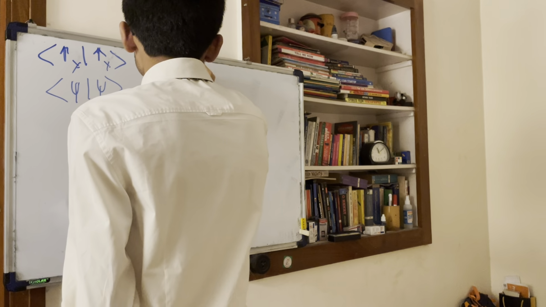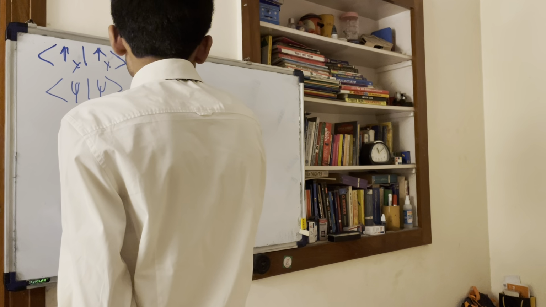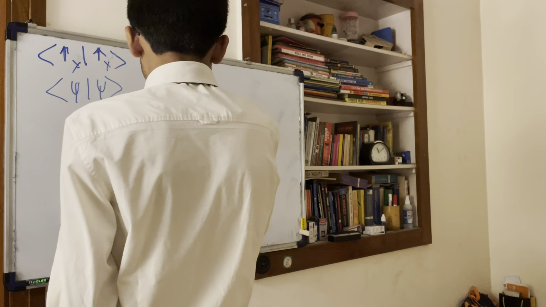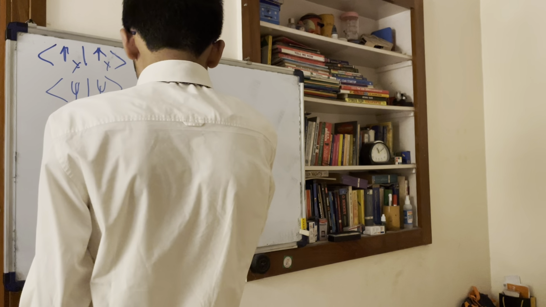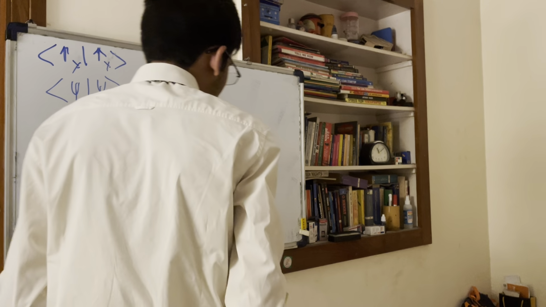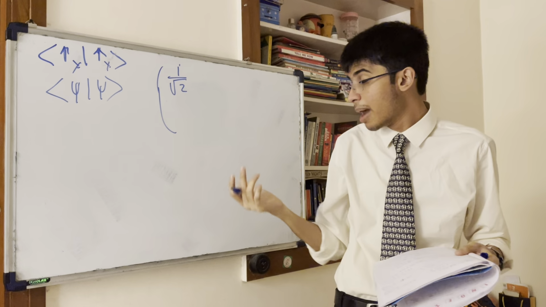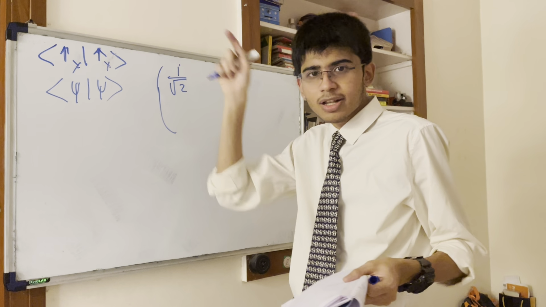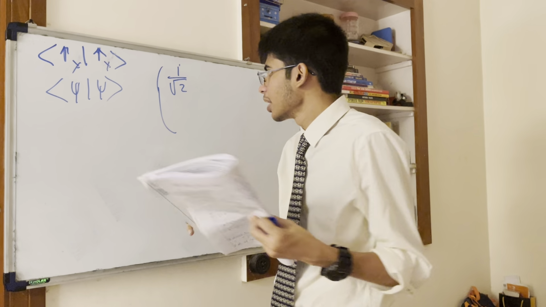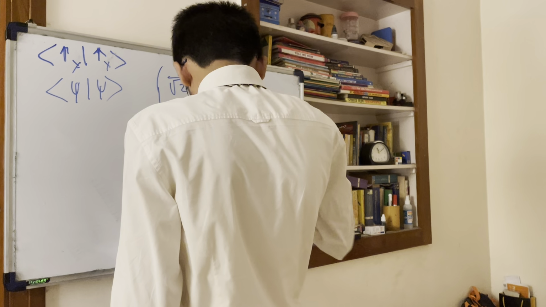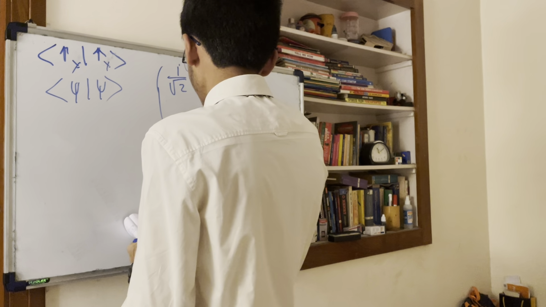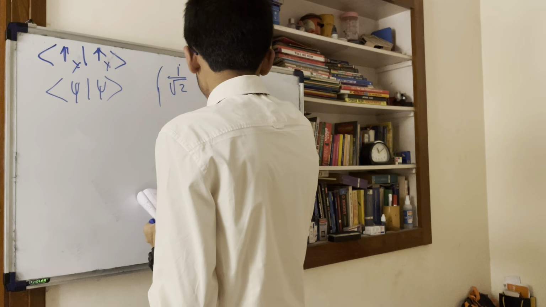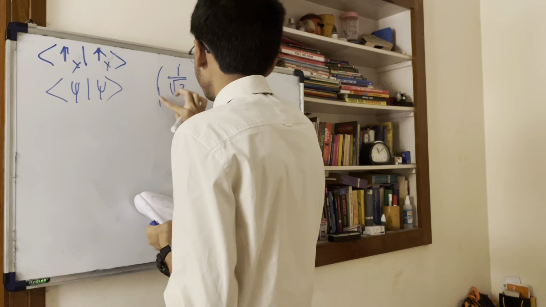So along y, it was 1 by root 2, if you can remember, and the second part was i by root 2. Now, because we want to write as a dual vector, we take the complex conjugate. Here, the first part stays the same, 1 by root 2. The second part will become minus i by root 2.